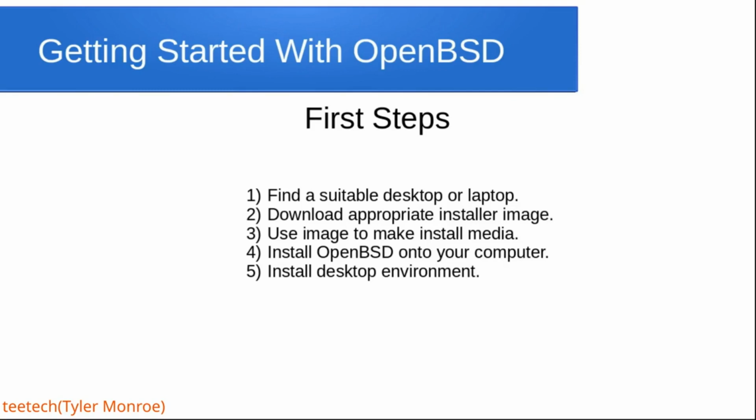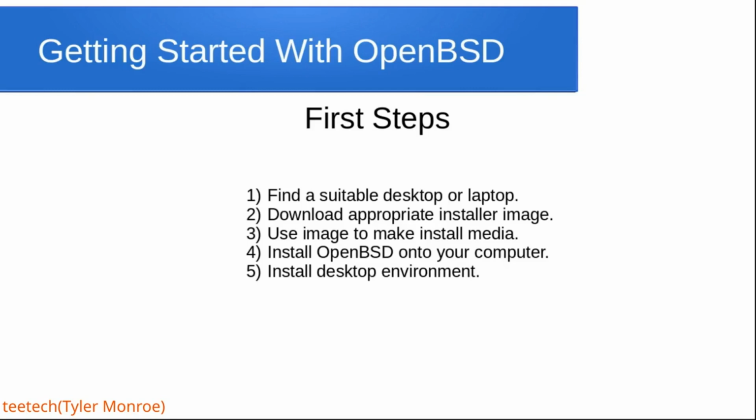Now, the first thing you're going to notice once we get to that part of the video is, well, there isn't as much instruction as other operating systems. But we'll walk you through it step by step, and it'll be easy. Now, after you get it installed, you do have to realize, with most Unix systems, it's a CLI, or command line environment. So in other words, you're going to end up with a shell or a terminal.